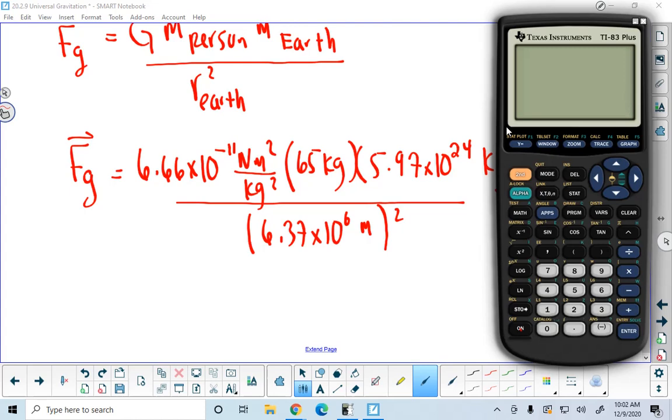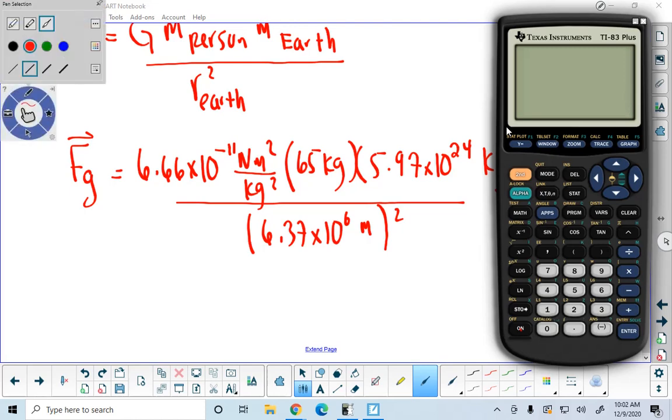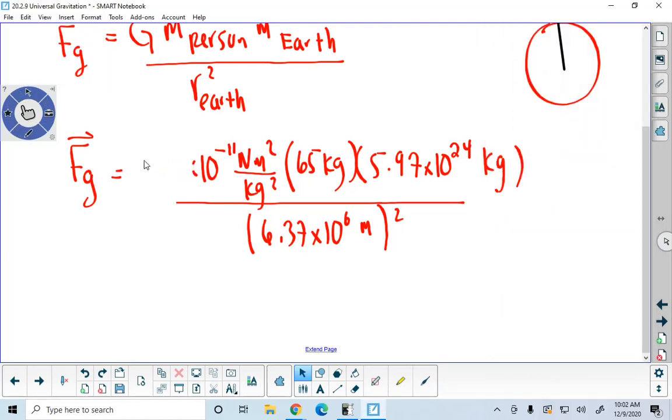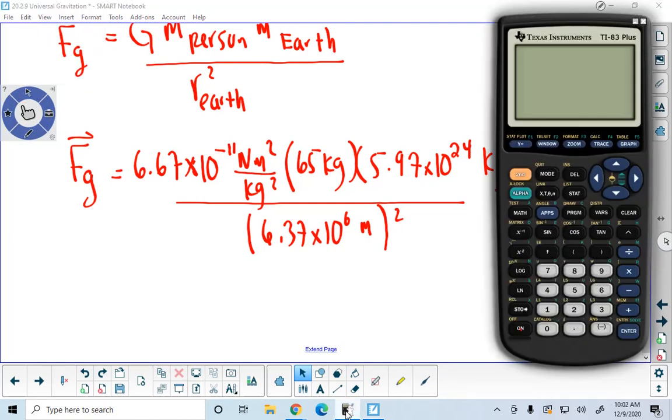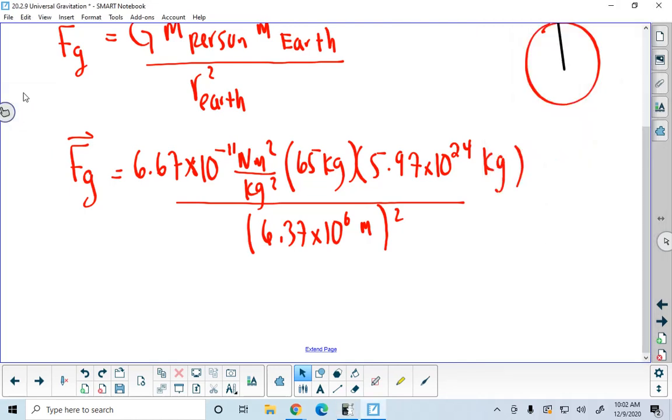When we enter 6.67, I can see I've got a little typo there. When we enter 6.67 times 10 to the negative 11, you do it this way. We go 6.67, and then you use the EE function on your calculator.